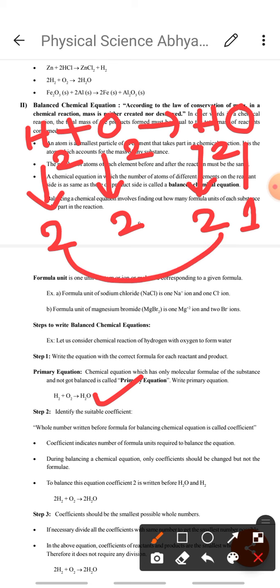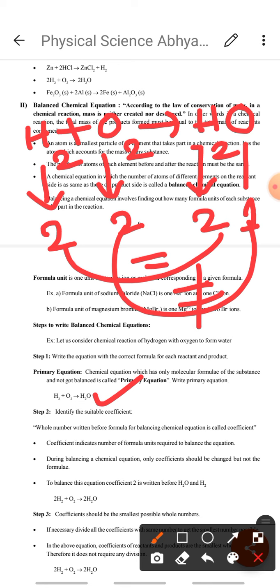So 2 and 2 are equal, but 2 and 1 are not equal. So the number of atoms on both sides is not the same. In case of oxygen it is not the same, in case of hydrogen it is the same. So it is an unbalanced equation. That unbalanced equation is called primary equation. What we call primary equation.